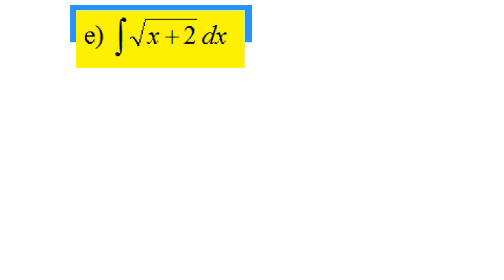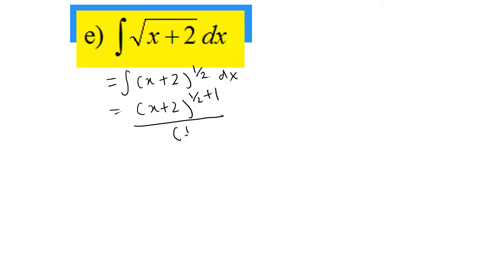When we integrate the square root of x plus 2 dx here, first we have to simplify it as the integration of (x plus 2) to the power of half dx. Next, it's going to be (x plus 2) to the power of half plus 1 over half plus 1, and then differentiate x plus 2 inside this bracket, which will be 1, plus c.